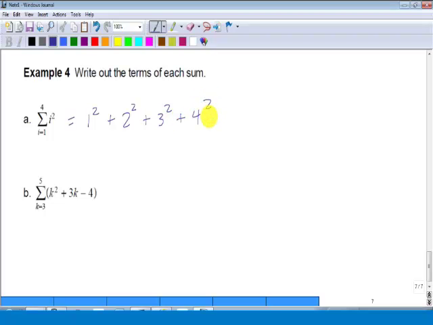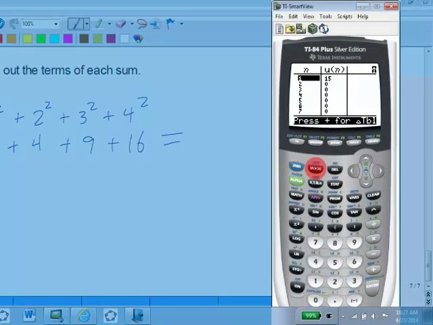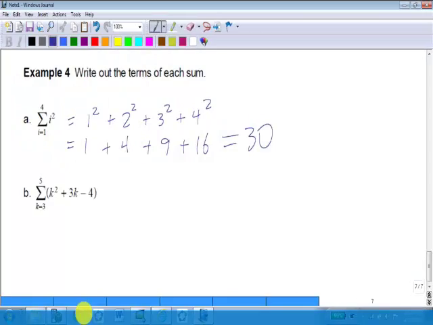And since we've reached the upper limit of summation, we stop. So it represents the sum of these 4 numbers, which is what? 1 plus 4 plus 9 plus 16, which equals what? 30. Is that about 30?